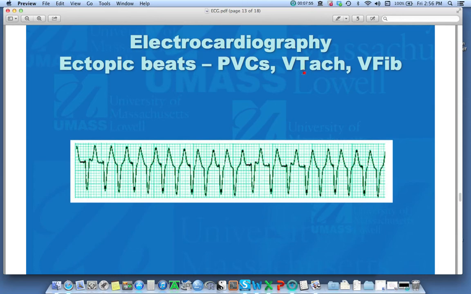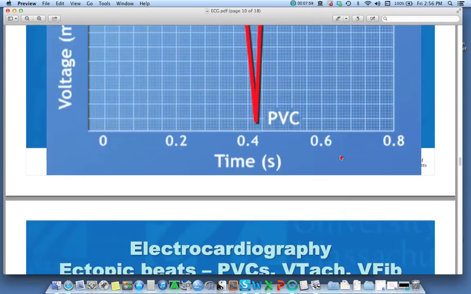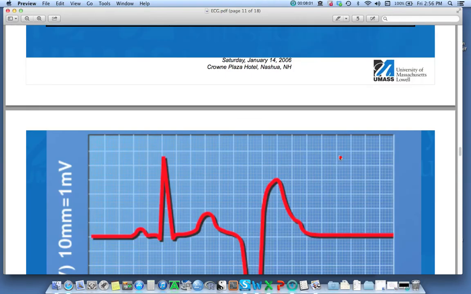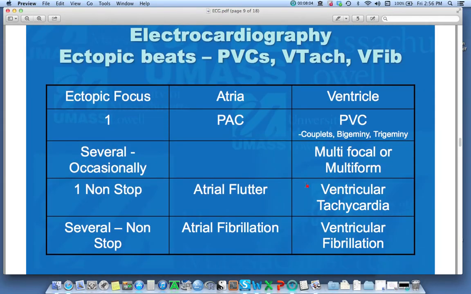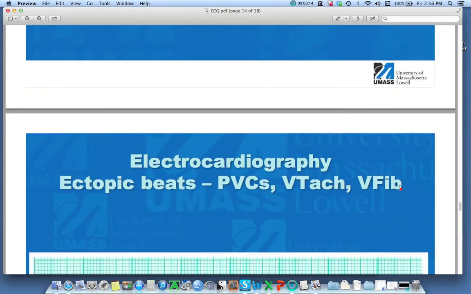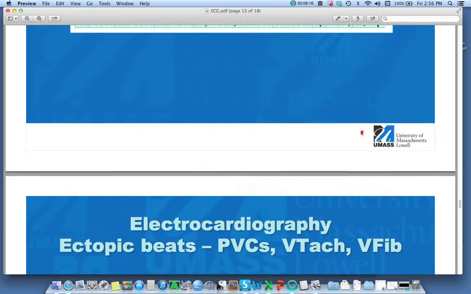So this is ventricular tachycardia. If you go back to the table in the handout, one non-stop ectopic focus in the ventricle is ventricular tachycardia. And this is what that looks like.